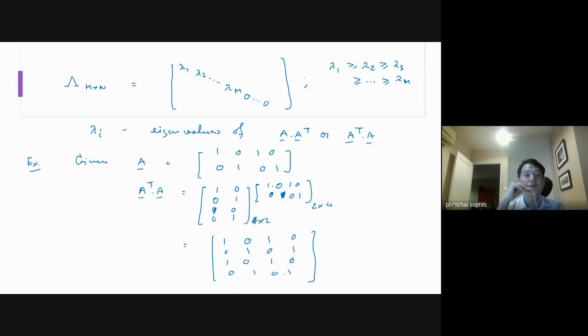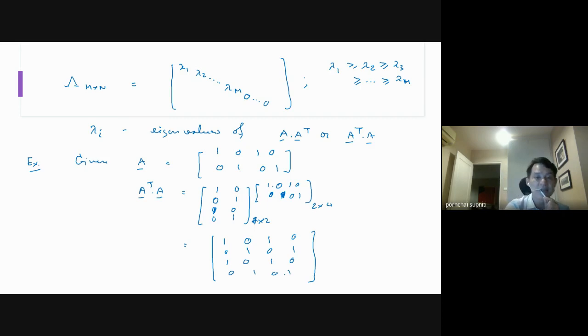So we will try to find the eigenvectors of this A transpose times A, and then we can find the eigenvectors V for the unitary matrix V. Okay.